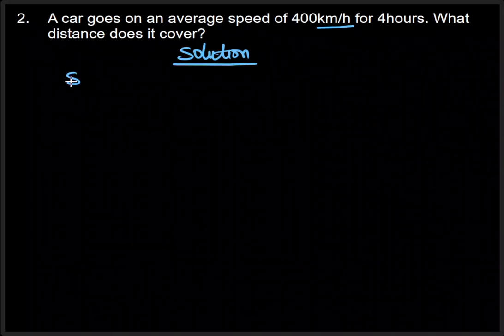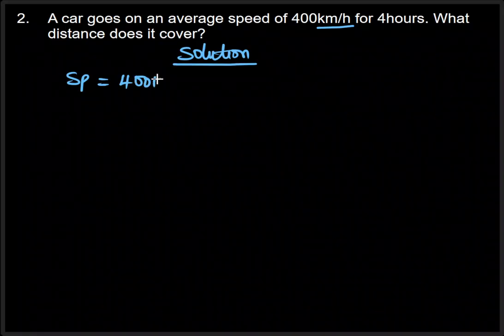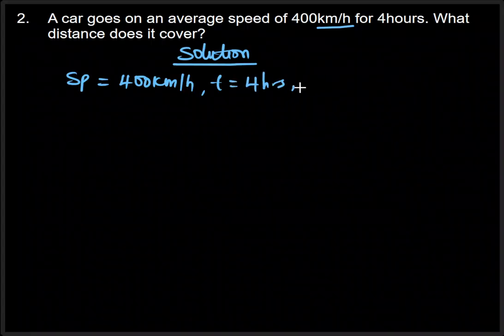So we have that our speed is equal to 400 kilometers per hour, and our time is equal to 4 hours. What are we to find? Distance is what is missing.